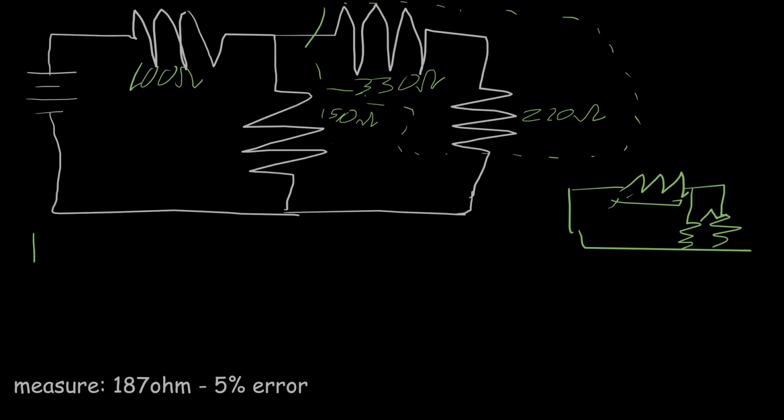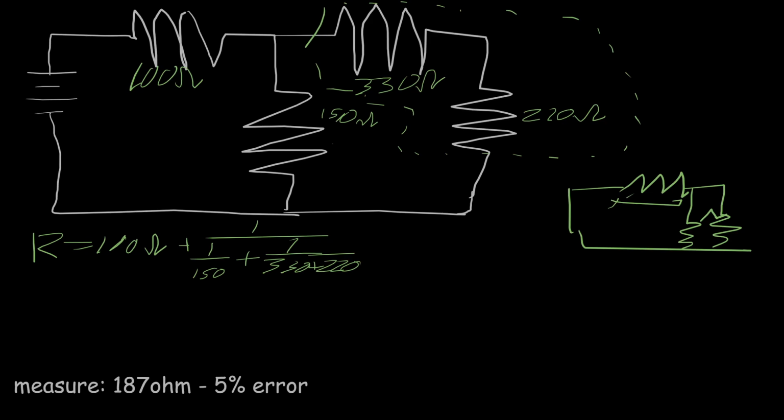So to find our equivalent resistance, it's going to equal 100 ohms plus, and then we're going to do 1 over, and then we're going to get 1 over 150 ohms, and then 1 over 330 plus 220 ohms. And this will give us a pretty accurate number, at least in terms of calculations.